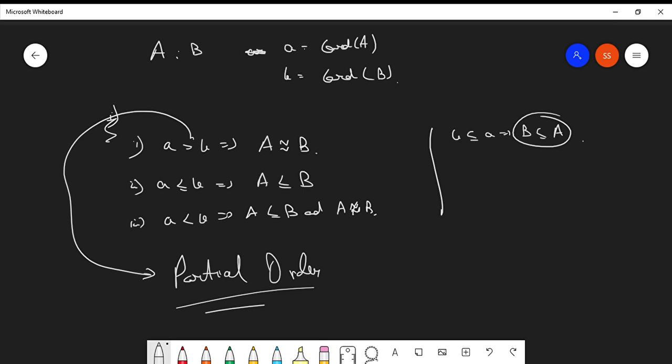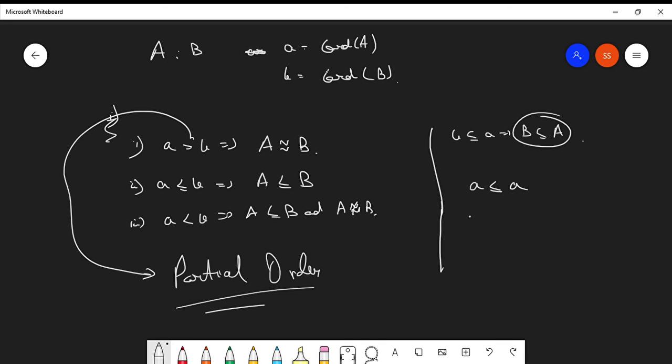Actually, this is not a partial order directly on these sets. You can basically show that this relation is kind of an equivalence relation. A is always dominated by A itself.